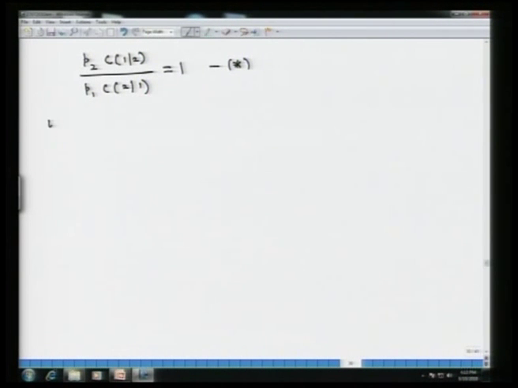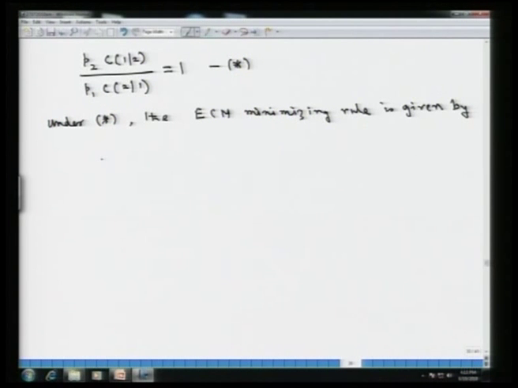Now, under star, the ECM minimizing rule for a general classification problem is given by the simple form that on R1 we have f1x by f2x greater than or equal to 1, and on R2, the complementary region, we have f1x by f2x less than 1.